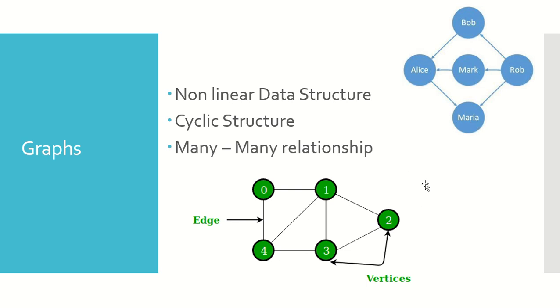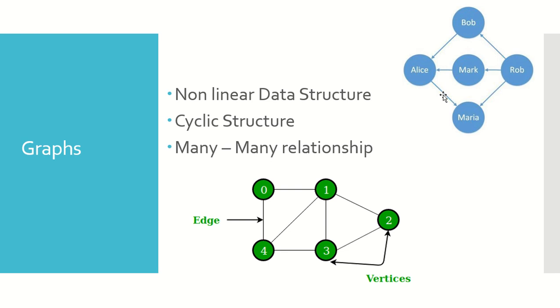Now there are two major role players, edges and vertices. All those circular shapes that you see here are nodes of the graph, which we call vertices or a vertex of the graph. All those lines, whether directed or undirected, that connect the successive nodes are known as edges of a graph.